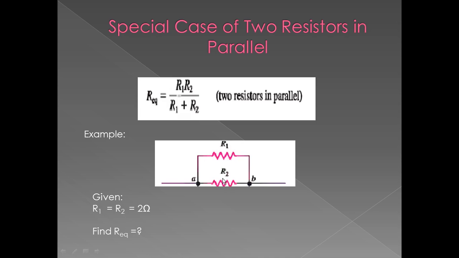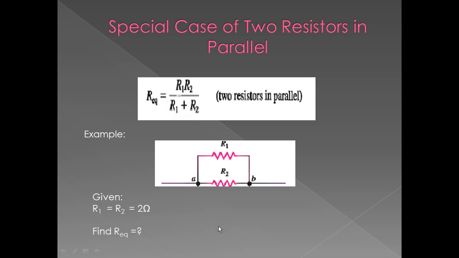Okay, so since all the resistors connected in parallel have a direct connection to point A and point B, whatever voltage is provided at point A and point B is the same voltage that is established as the input voltage for each of the resistors connected in parallel. Therefore, whatever V sub AB is, it is the same value that is established for V sub 1, the voltage across R sub 1, and V sub 2 as the voltage across R sub 2.